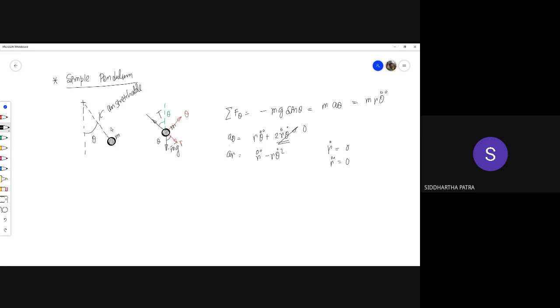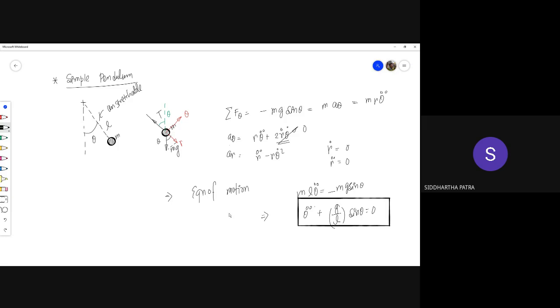Let's call the length r equals L. So the equation of motion becomes m L theta double dot, because the radius is always L, equals minus mg sine theta, or in other words, theta double dot plus g divided by L sine theta equals 0. This is the actual equation of motion of a simple pendulum.